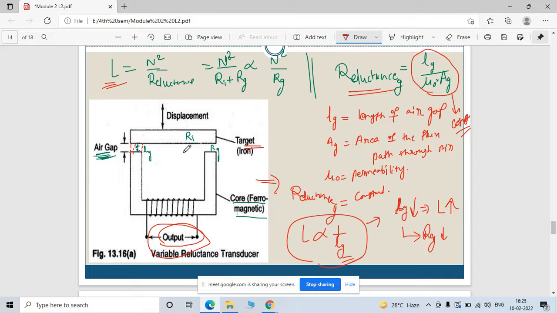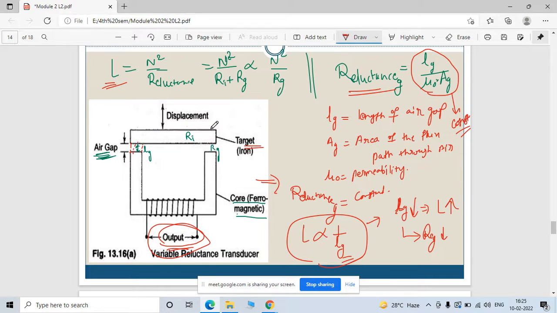Once you construct it and use that device in particular applications, you know this device measures up to this distance, and that distance is converted to an electrical signal, which here you get in terms of your reluctance. And when the reluctance is changing, that means displacement has happened.